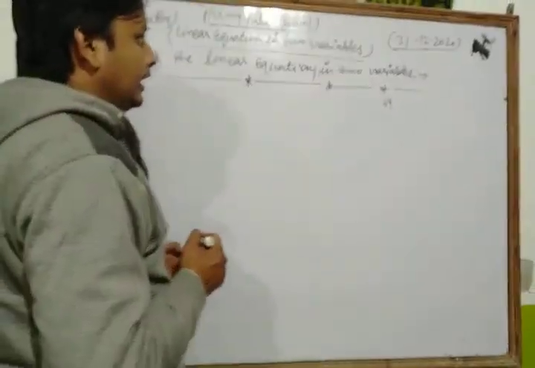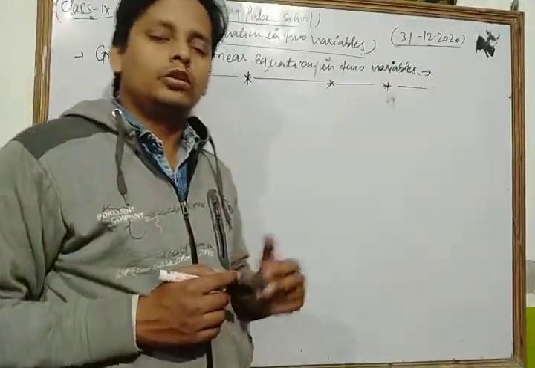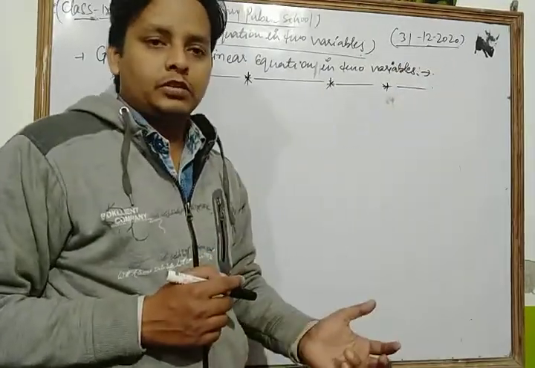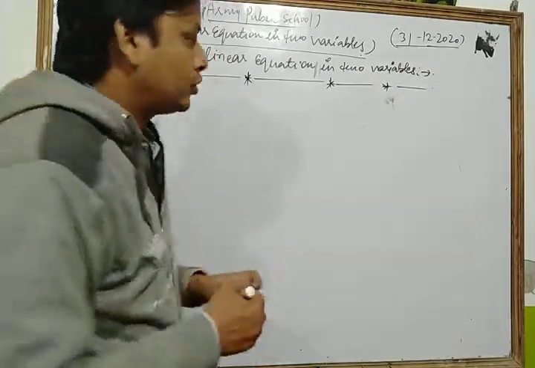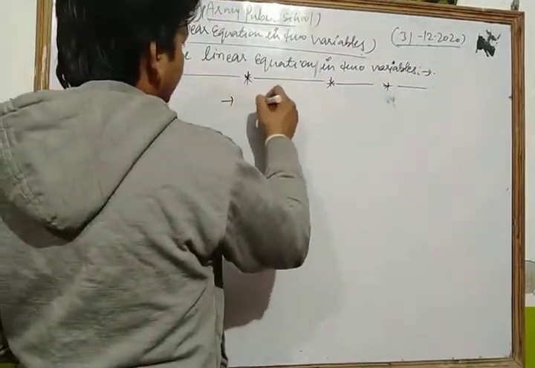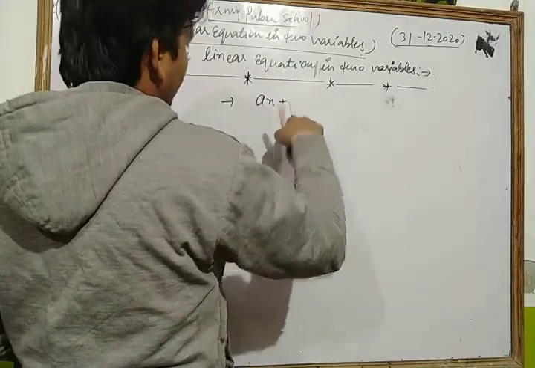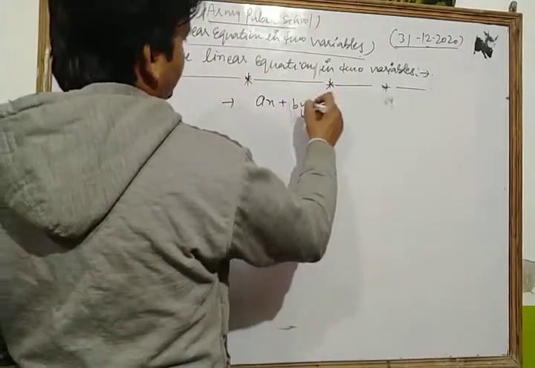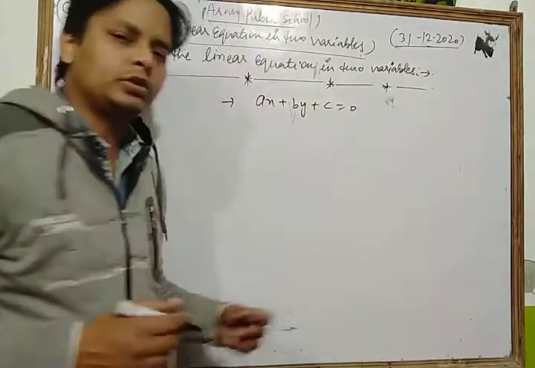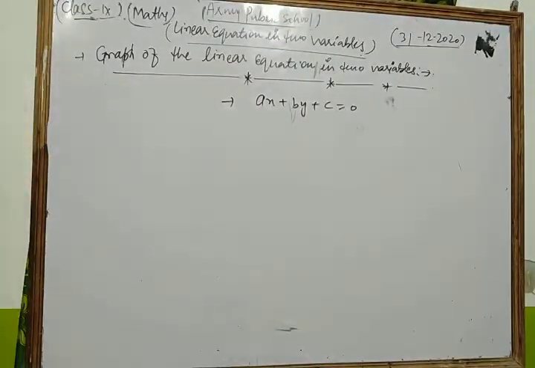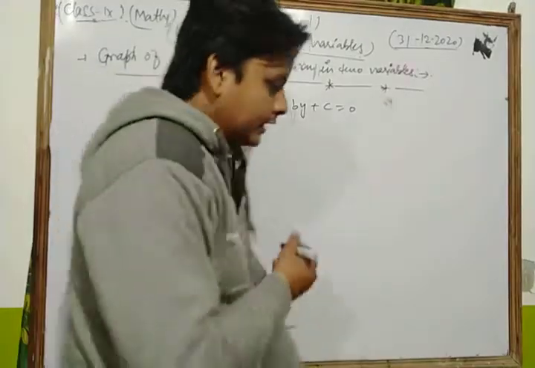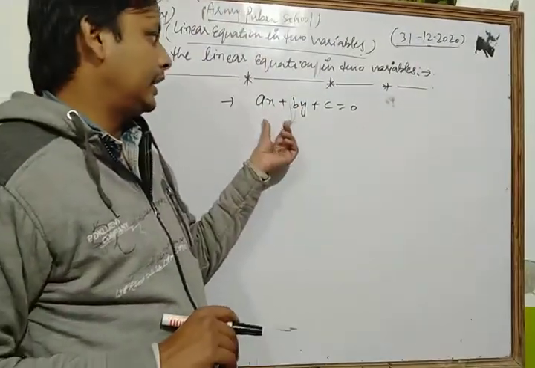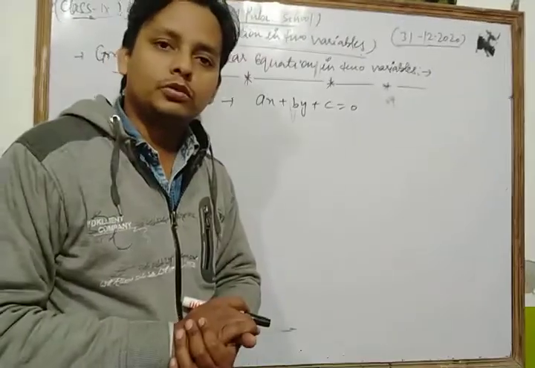Let's see. Dear friends, first of all, in this topic we have a linear equation. Suppose that we have a linear equation ax plus by plus c is equal to 0.